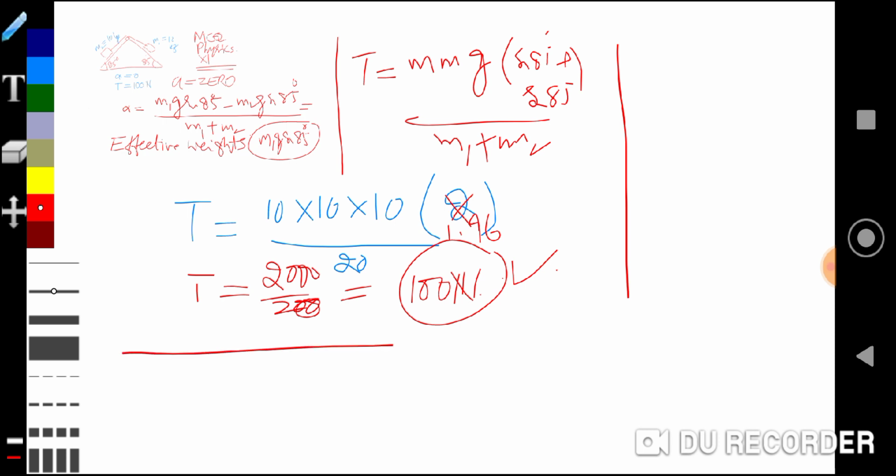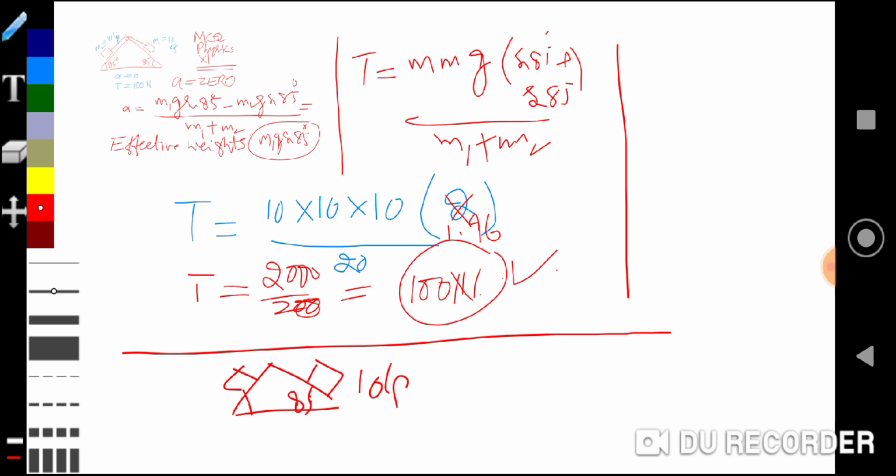Now, if the question is changed, our question is altered in another form, that if the tension is given to you and one of the masses is known to you and both the angles are known to you, and tension is given that T is equal to 100 Newton, and you are asked to find the other mass, M1, what will it be? Then how can you calculate this very easily and accurately within the least interval of time without losing more energy?